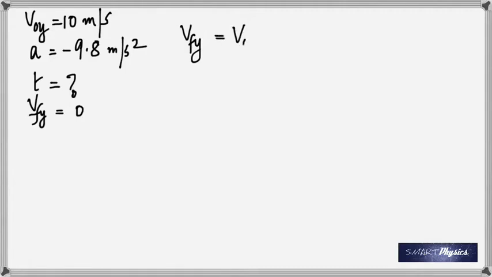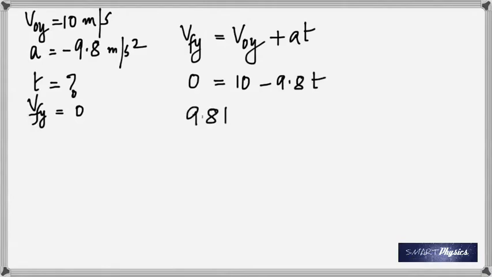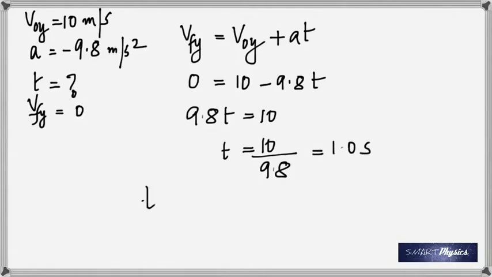The equation that works is Vf is equal to Vo plus At. Vf is 0 and the initial vertical is 10. So when you substitute those and rearrange, you get the time as 10 by 9.8, which is 1 second.